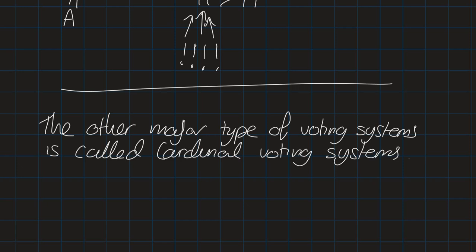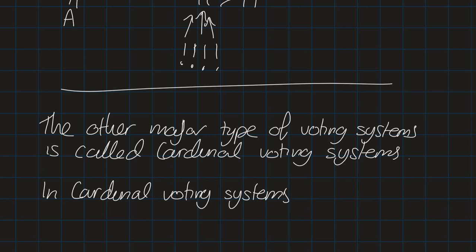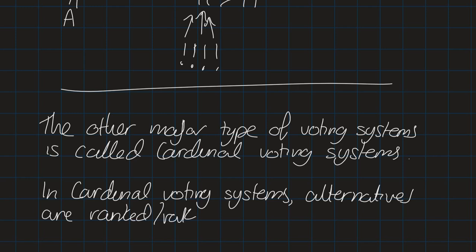And in cardinal voting systems, alternatives are ranked or rated independently.